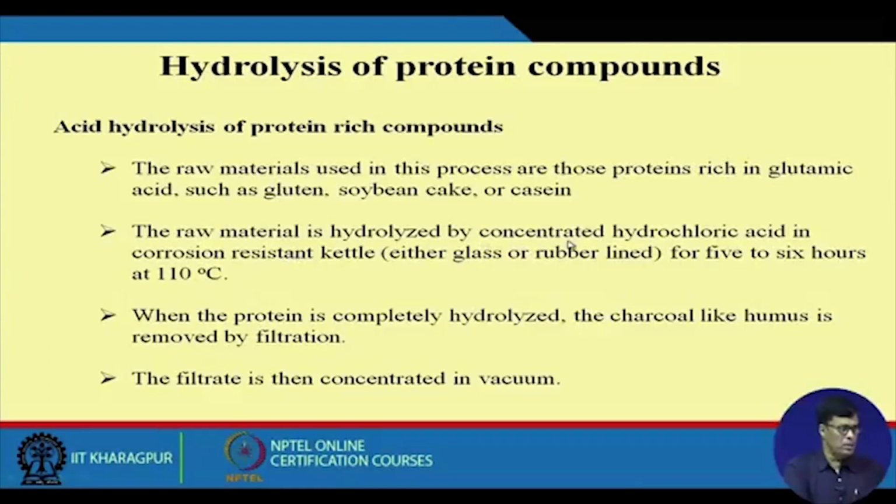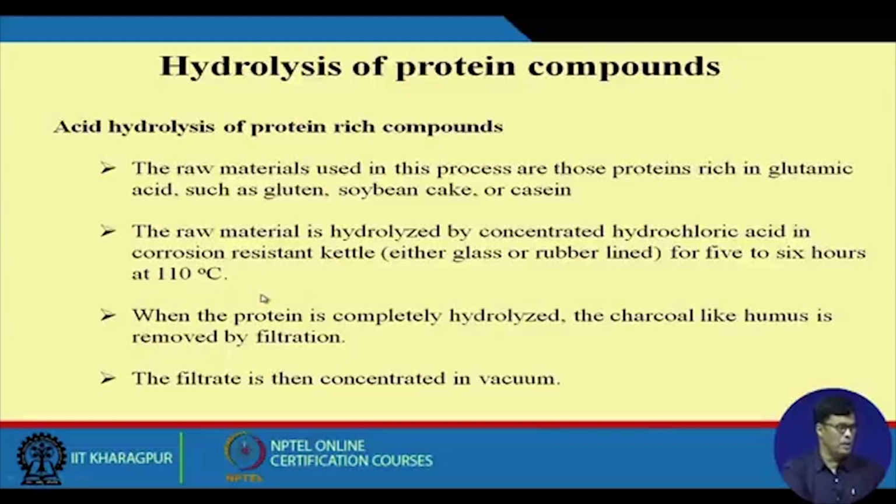Now this is the acid hydrolysis of protein rich compound. The raw materials used in this process are those protein rich in glutamic acid such as gluten, soybean cake and casein. These are the materials usually considered as the raw material for the production of glutamic acid. The raw material is hydrolyzed by concentrated hydrochloric acid in a corrosion resistant kettle, either glass or rubber lined, for 5 to 6 hours at 110 degrees centigrade.